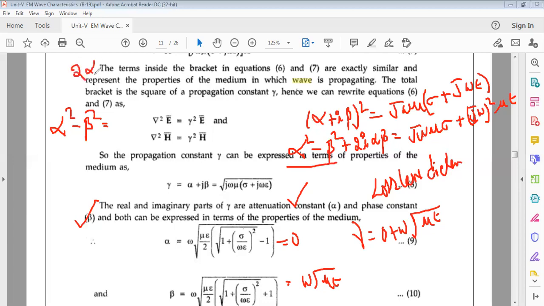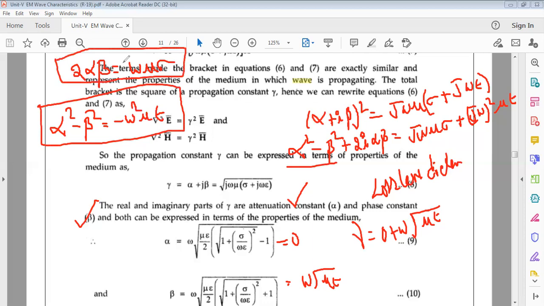The imaginary coefficient 2 alpha beta is equal to omega mu sigma, and here j square is minus omega square mu epsilon. Got it, Madhu? The real term is alpha square minus beta square equal to minus omega square mu epsilon, and 2 alpha beta is equal to omega mu sigma. From this we can derive the alpha and the beta values.